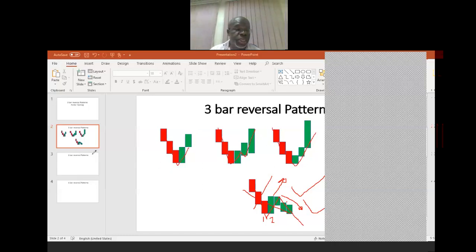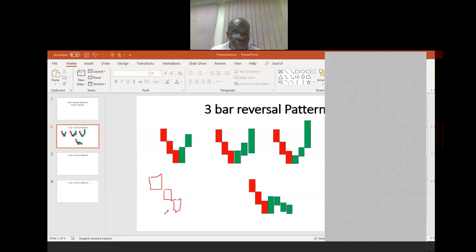When you're going downwards, the same thing happens. So just think of this upside down. The only exception that I wanted to make is when the candles come like this.